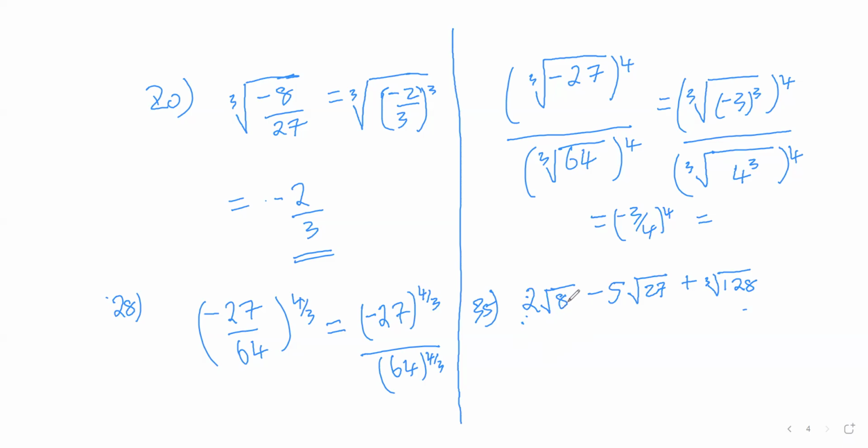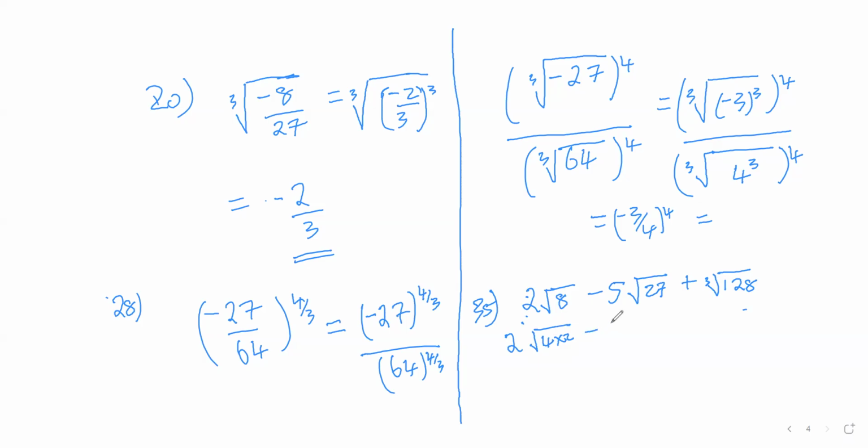So what I can do is write it as the product of a perfect square and a non-perfect square. So this expression turns out to be 2 square root of 4 times 2, because 4 is a perfect square and I know what its square root is.